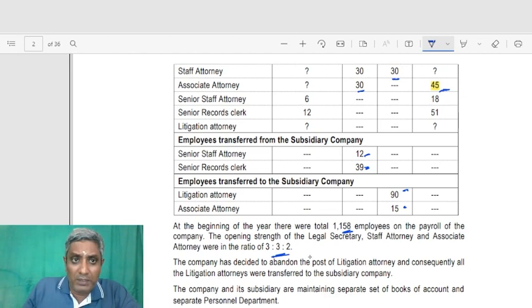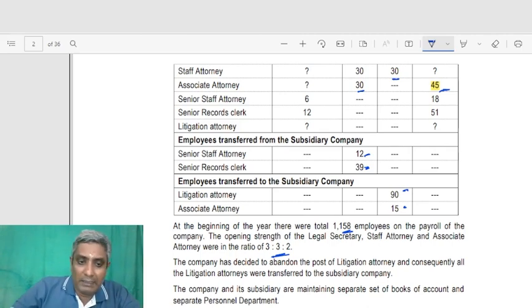Say suppose the staff attorney is 100, then the legal secretary will also be 100 and the remaining is 2 parts. So the ratio should be made in such a way that it is 3:3:2. Hope it is clear. If we make the ratios very clear here, it will be very easy to find out. Out of the total employees, certain employees pertaining to legal secretary, staff attorney and associate attorney were also there, in the ratio 3:3:2.